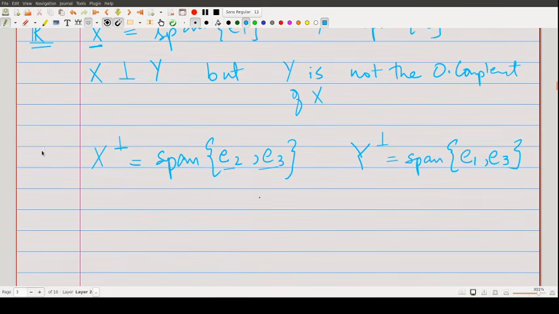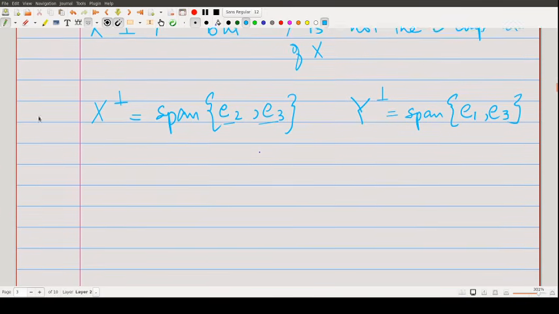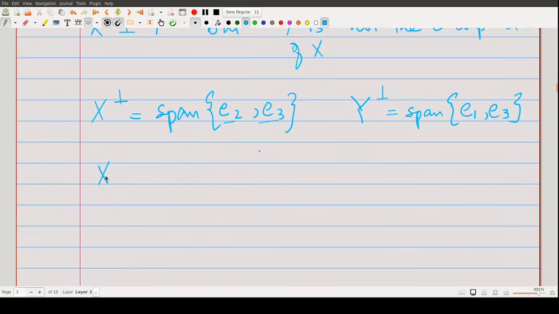So let me just show you how. If X was the span of E1, then a vector x in this capital X can be written as x1, 0, 0. And a vector in the orthogonal complement can be written as 0, x2, x3.